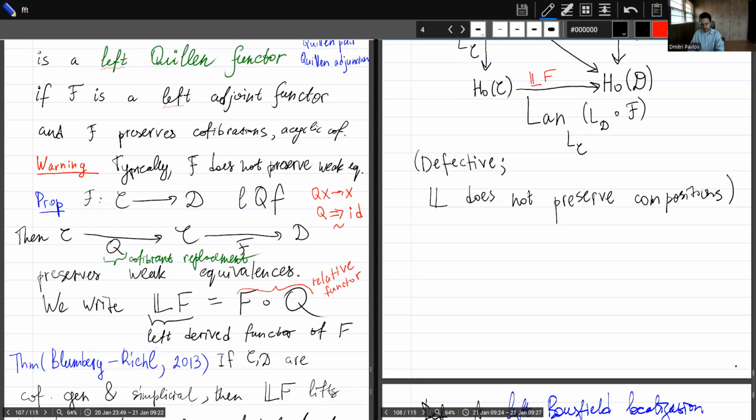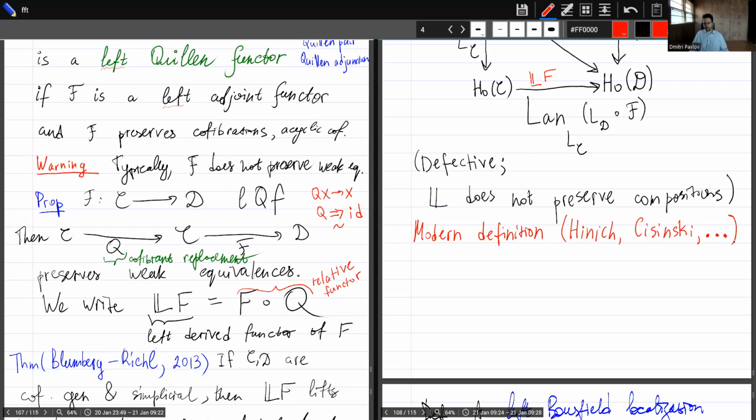What is a modern solution to this problem? Maybe I should say modern definition. This was already observed in many works. I should probably cite Hinich, and maybe some other people, sorry if I fail to mention somebody.